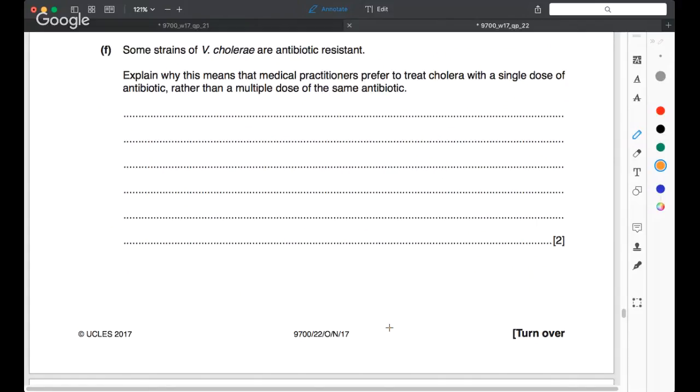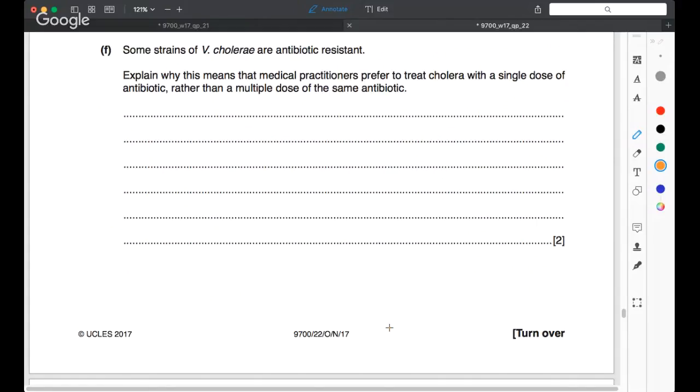And then when you come to talk about bacterial resistance, always think about it from the perspective of bacteria that aren't resistant, so bacteria that are susceptible, and bacteria that are already resistant. So if you have a group of bacteria that are susceptible to tetracycline, and you give them 1 dose, we have a chance of wiping them all out with 1 dose that's big enough to kill them.